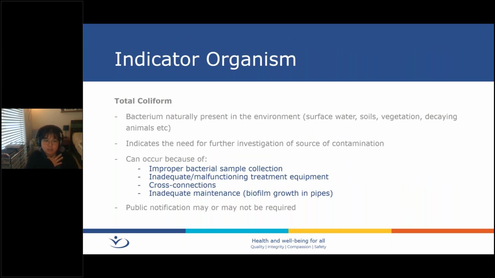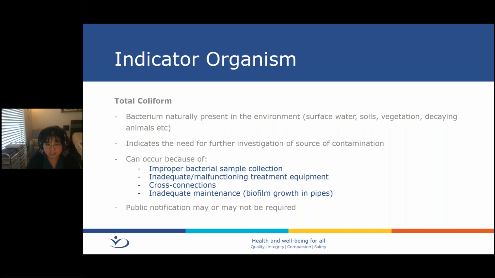And so total coliform is a bacterium naturally present in the environment. So you can find it in surface water, soils, vegetation, decaying animals, etc. What the presence of total coliform does indicate is the need for further investigation of the source of contamination, and it can occur because of improper sampling procedure.